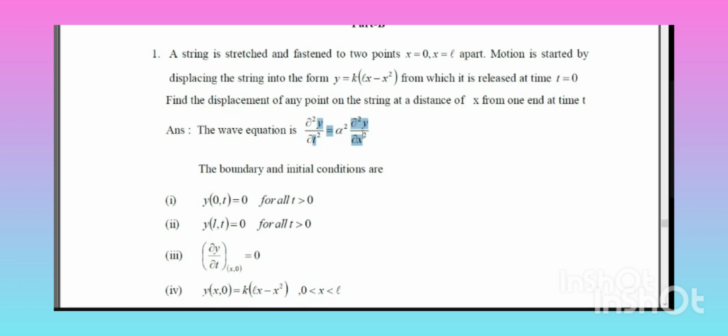So this is the wave equation: ∂²y/∂t² = α² ∂²y/∂x². This is the one-dimensional wave equation.